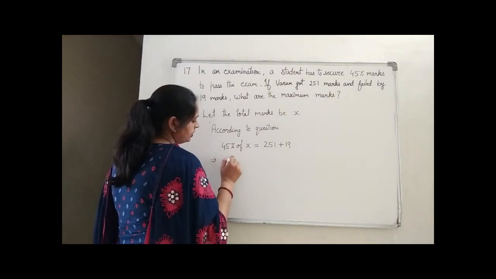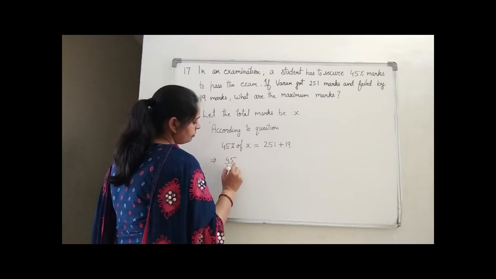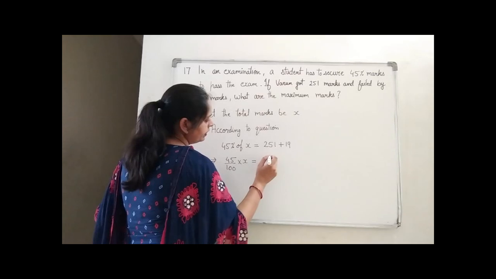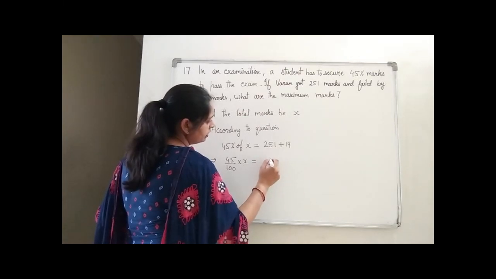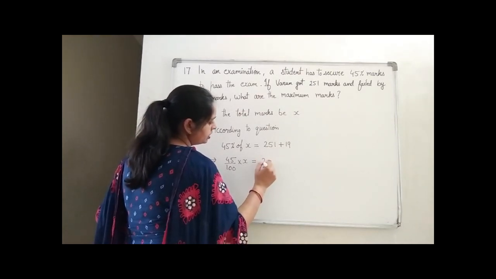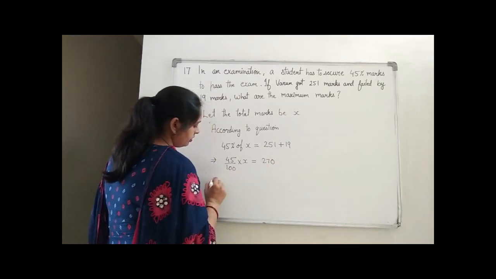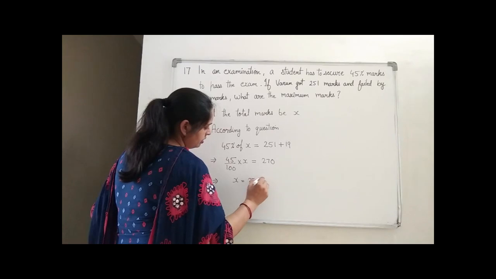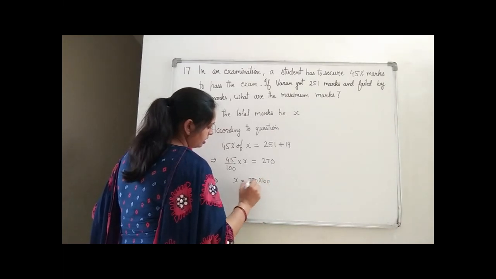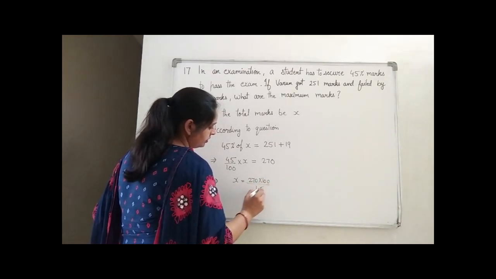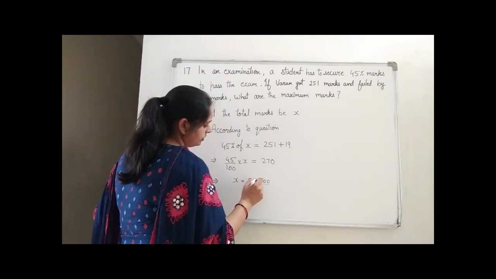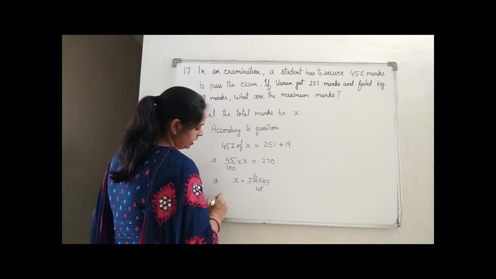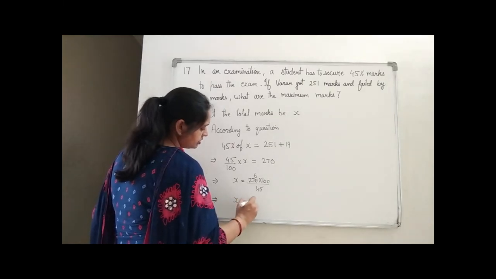45% of x means 45 by 100 into x. That will be equal to, when we sum up, how much do you get? 251 plus 19, 270, which implies x will be equal to 270 multiplied by 100 and divided by 45. Right? So 45 sixes are 270, which gives x equal to how much? 600.